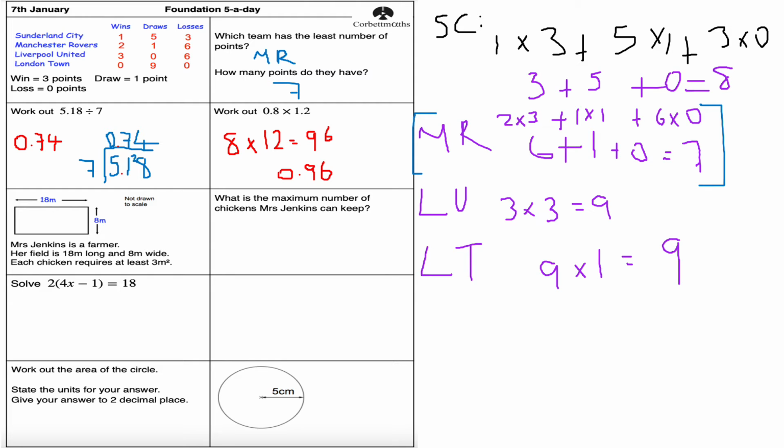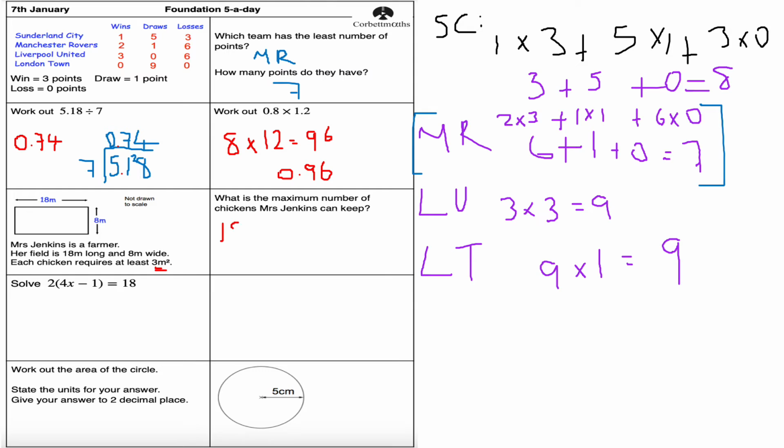Question number 4, guys. Mrs. Jenkins is a farmer. Her field is 18 meters long and 8 meters wide. Each chicken requires at least 3 meters squared. What is the maximum number of chickens that Mrs. Jenkins can keep? Let's work out the total area.